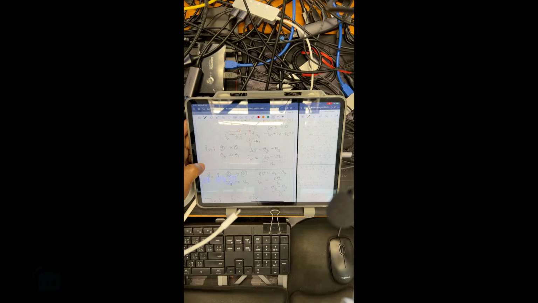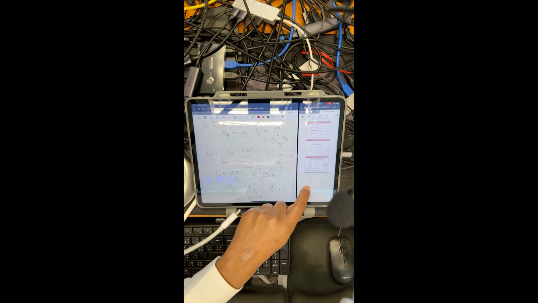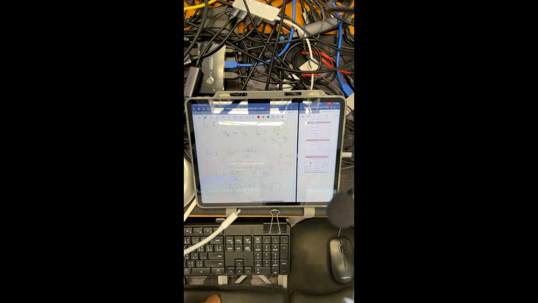And IO is negative 2ix, and ix is V1 minus V2 by 2. Okay, and you just have IO as negative 2ix, right?